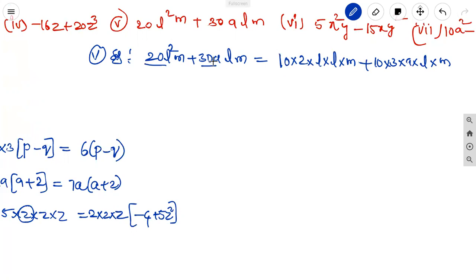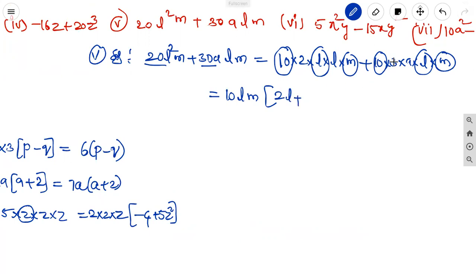Because in the two terms 5 into 2 or 10 are both the same, no? That's why 10 is the common number, 20 and 30 can be written with 10 as a factor. So 10 is common, l is common, and m is common. So we can take 10lm right outside, 2 into l, 2l, plus 3 into a, 3a. This is the factorization of the fifth one.